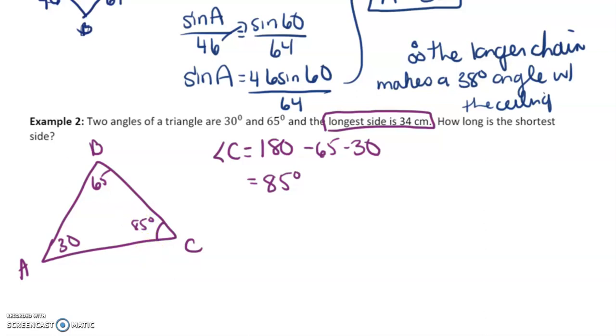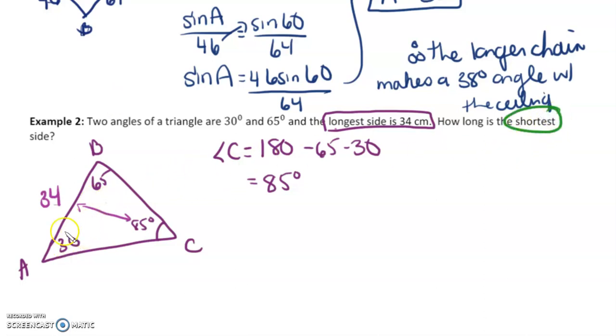Now what we're going to be solving for is the shortest side. Sorry, go back. The longest side is 34. So the longest side is going to be opposite 85, which is the biggest angle. This is 34.